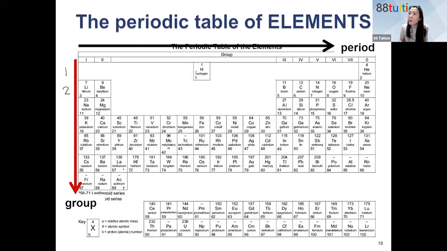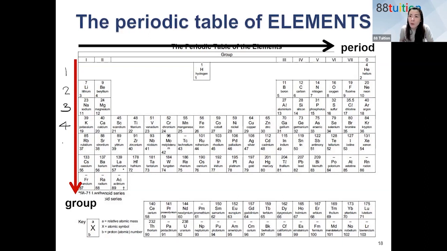So from left to right, period 1. In period 1, I only have hydrogen and helium. Period 2, I have lithium, beryllium, boron, and then all the way to neon. Can you see that? So this is period 3. Period 3, sodium all the way to argon. And then period 4 will be potassium all the way to krypton.